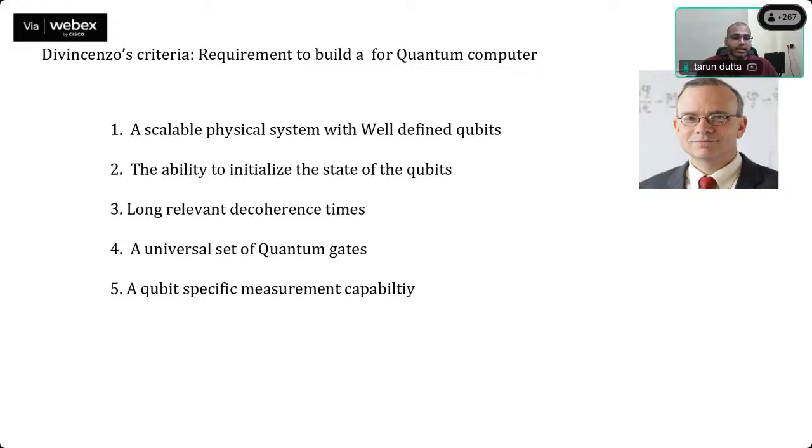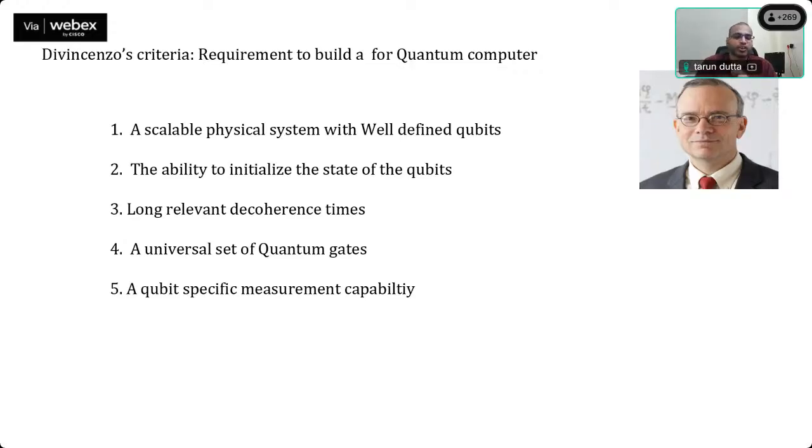And now the fifth thing is qubit specific measurement capability. Measurement is really problematic in a quantum computer, because if you measure, then the state will not be there anymore. The way we measure is mostly based on spontaneous emission, right? And it is isotropic. We are going to measure the photon number, the photon count, so we have to have the detector at one place.